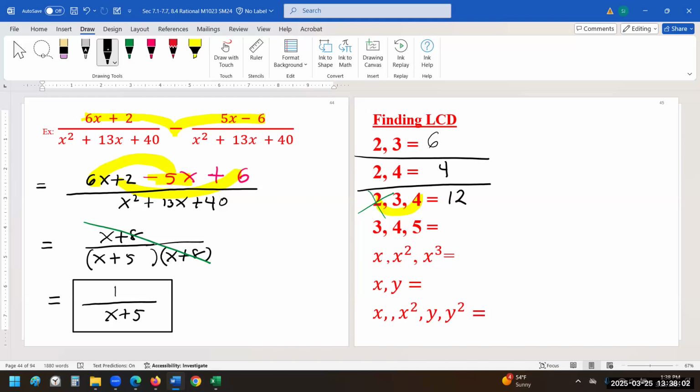Can you multiply 3 by something to get 5? Is 5 a multiple of 4? So none of them are multiples of one another. So what is the LCD? You multiply all 3. 4 times 5 is 20. 20 times 3 is 60. So our answer is 60.